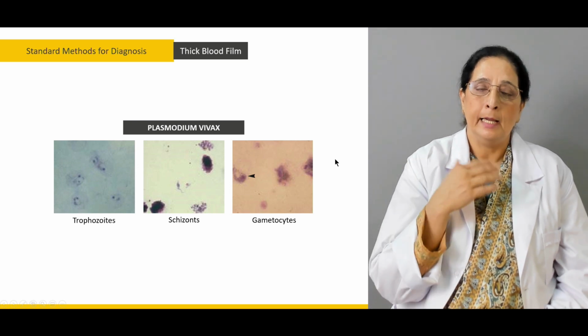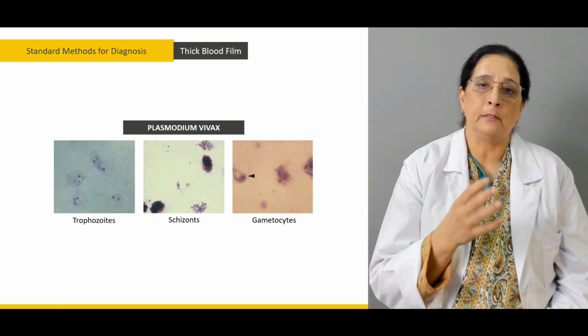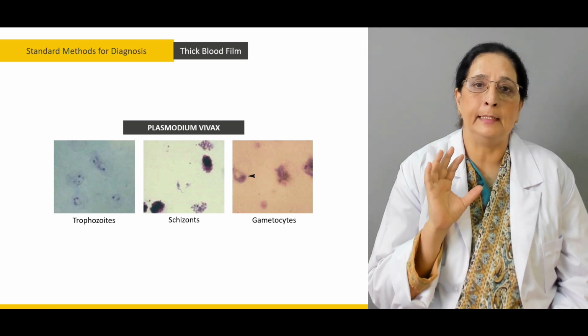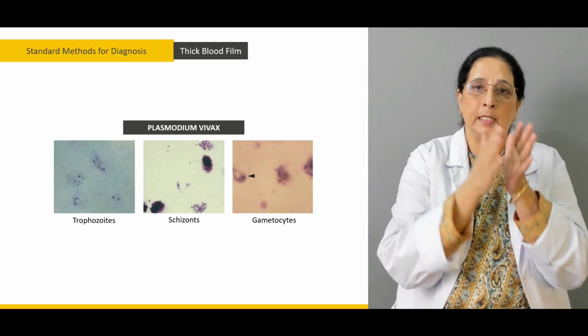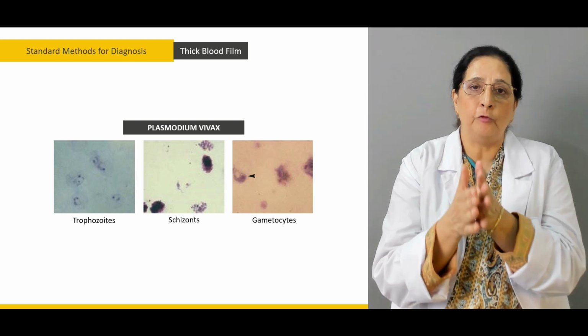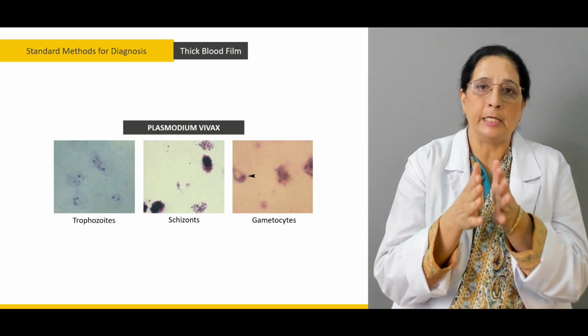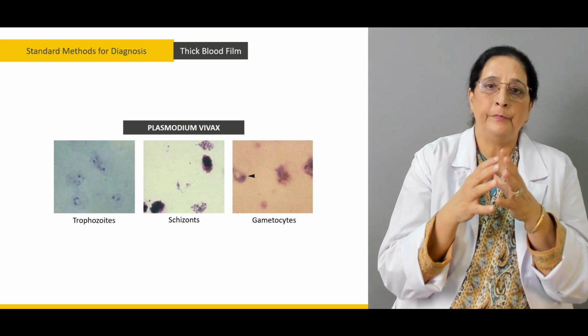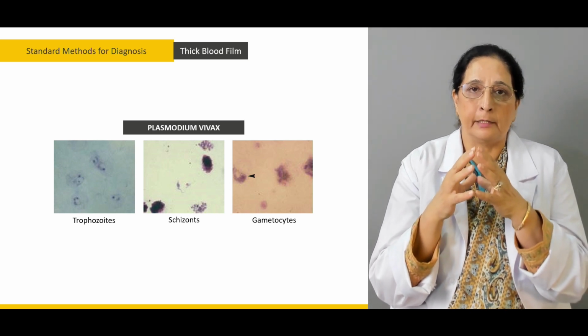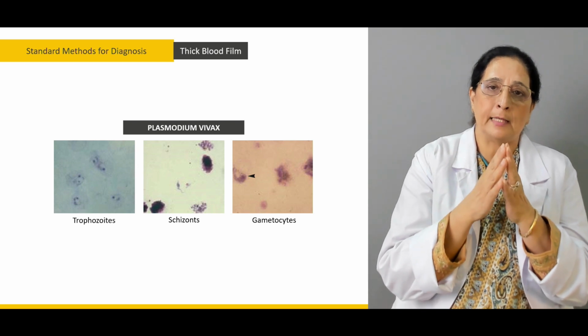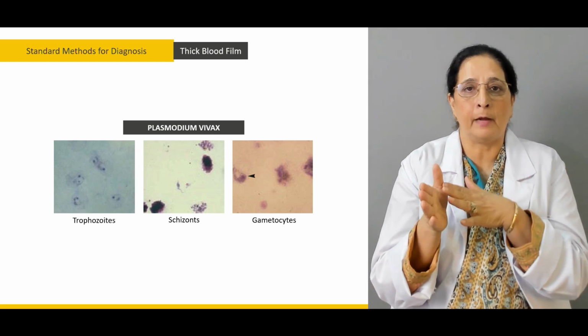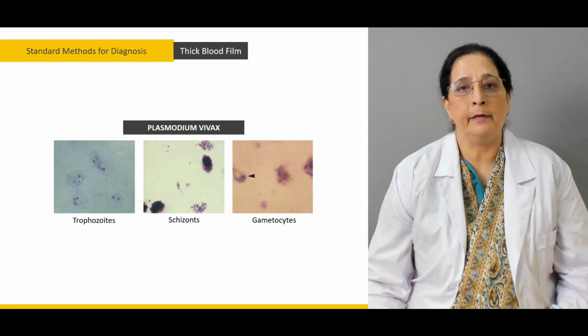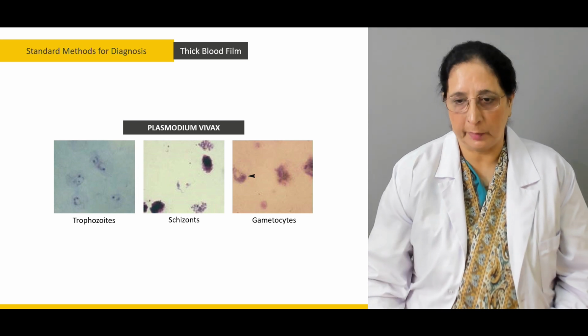So you can see the thick blood film is very helpful in the diagnosis, and it gives us the different trophozoites, gametocytes, and schizonts, and you can clearly see the difference of these characters in plasmodium falciparum and vivax. So you can very easily differentiate between them.